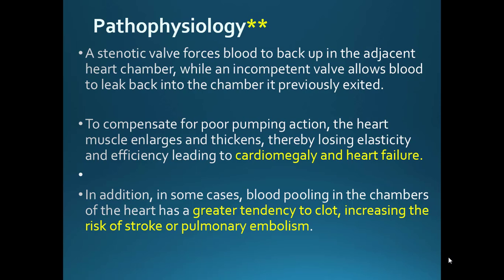To compensate for poor pumping action, the heart muscle enlarges and thickens, thereby losing elasticity and efficiency. In addition, in some cases, blood pooling in the chambers of the heart has a greater tendency to clot, increasing the risk of strokes or pulmonary embolism.